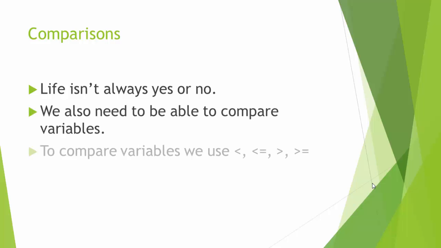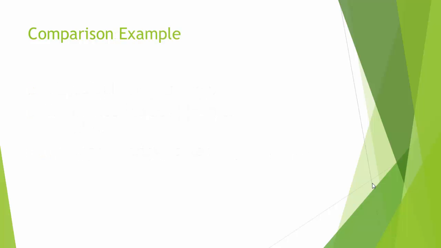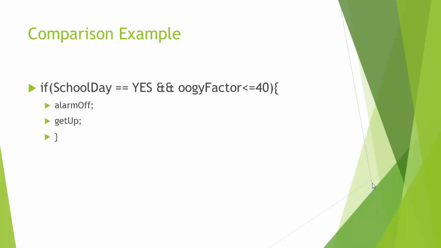So we need to be able to compare variables for certain situations, and we use these less than, equal to, greater than equal to functions to do comparisons. So we can still keep our alarm clock going for this example. So our alarm clock goes off, and we can say, if it is a school day, sure, yeah, it's a school day, but we also have to have our sick factor less than 40.